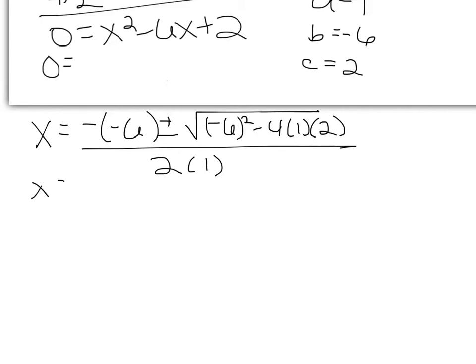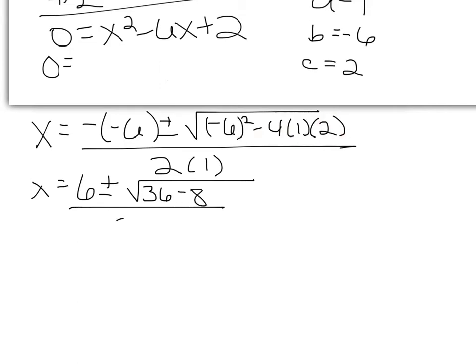Alright, a negative 6 is a positive 6, plus or minus the square root. Negative 6 squared is 36. Negative 4 times 1 is negative 4, times 2 is negative 8, all over 2. X equals 6 plus or minus 36 minus 8 is 28. I'm sorry. Divided by 2.